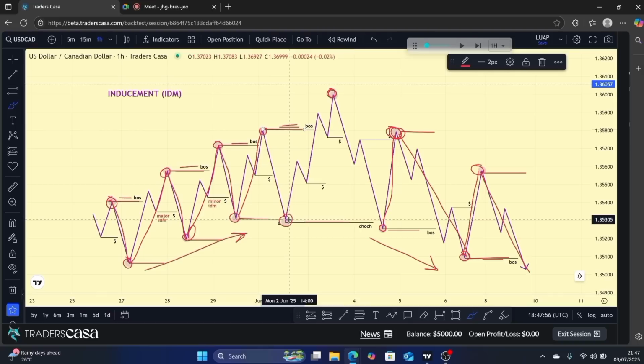All right, now for the internal liquidity, you see the minor pauses that I didn't consider. You can literally see the ones that I have not considered. Like I said, price will not just be printing the bullish candles all the way to the upside just because it's a bullish leg.